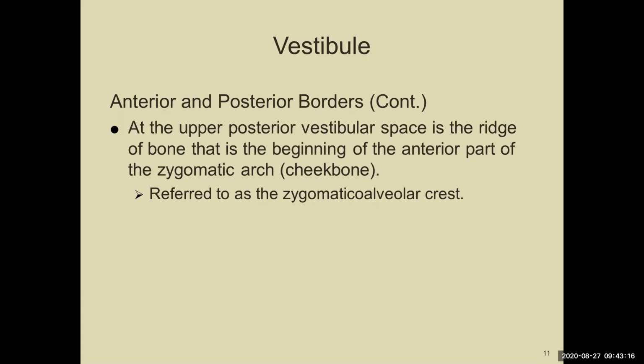So then we've got the posterior borders. At the posterior vestibular space is the ridge of bone that's the beginning of the anterior of the zygomatic arch. So you've got the posterior of one meeting the anterior of another. And the zygomatic arch is your cheekbone.